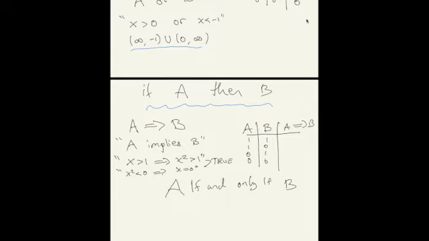One way to understand this is that an implication is a promise. Whenever the assumption is true, then the conclusion is true. But if the assumption is never true, then there are no cases that we need to be concerned about.